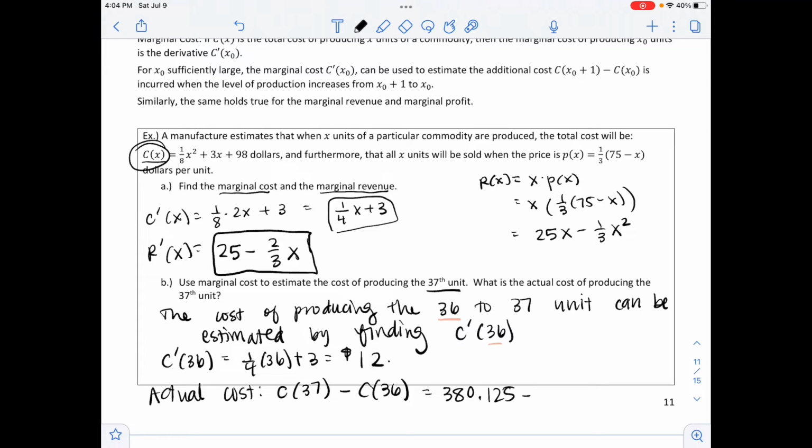And substituting in 36 into our cost function, we get 368. Subtracting this, we get, and we'll round to 2 decimal places, $12.13. So we have our actual, and then we also have our estimated.